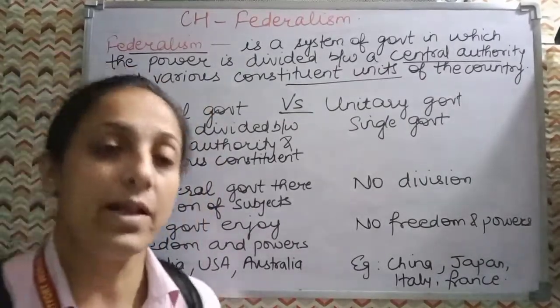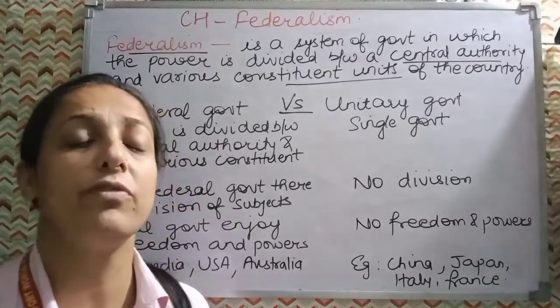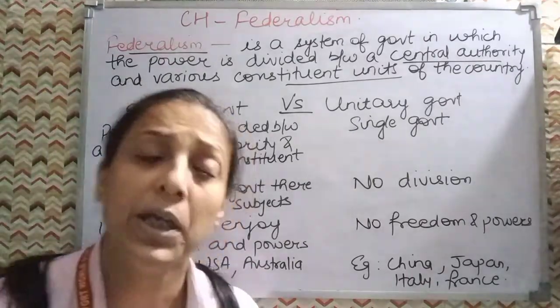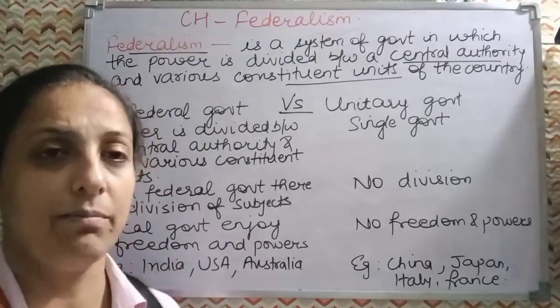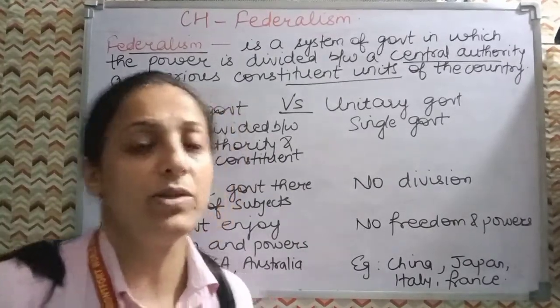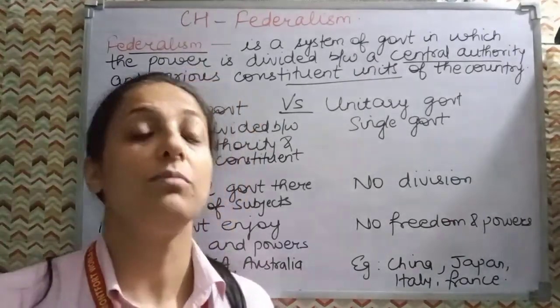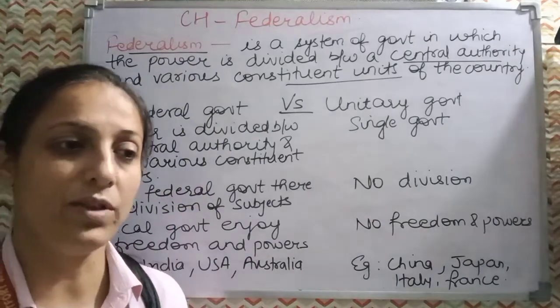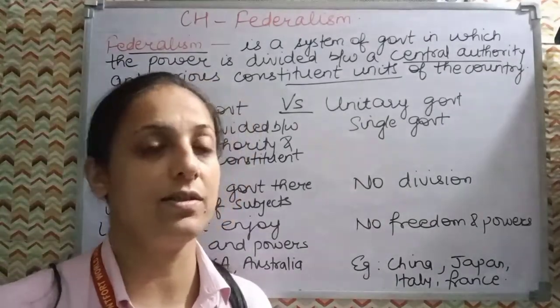One is the central government, which is the government for the entire country and is responsible for a few subjects of national importance. The other level is the state government, which is responsible for the day-to-day administration of the state. And both of these levels of government enjoy power independent of each other.